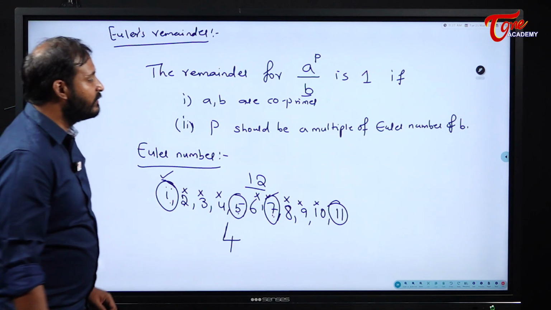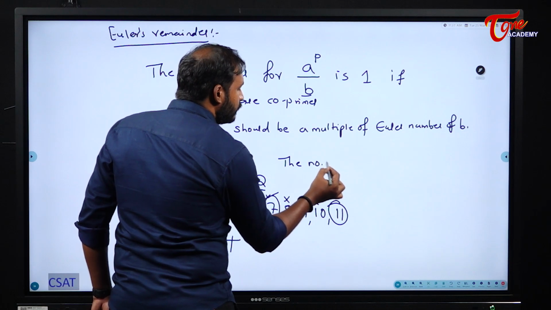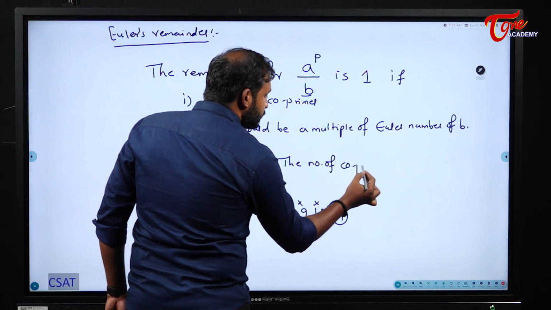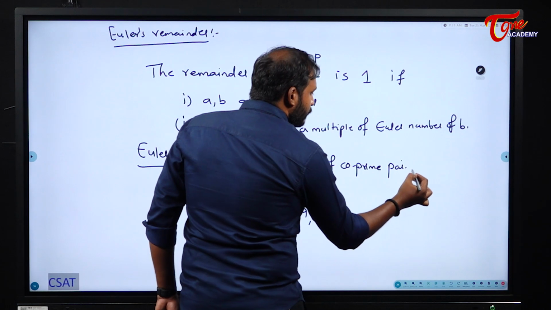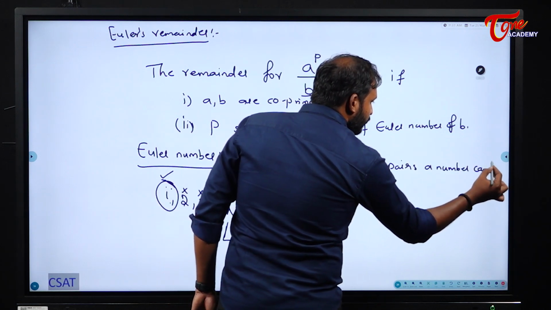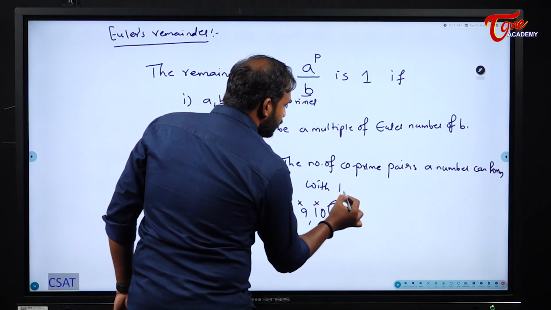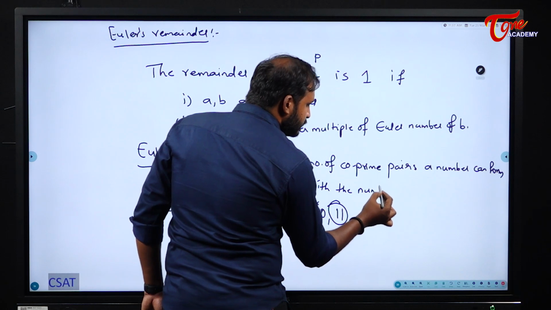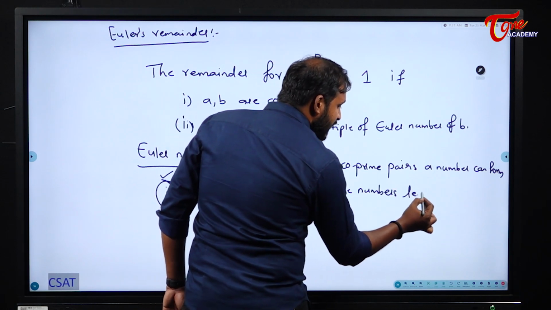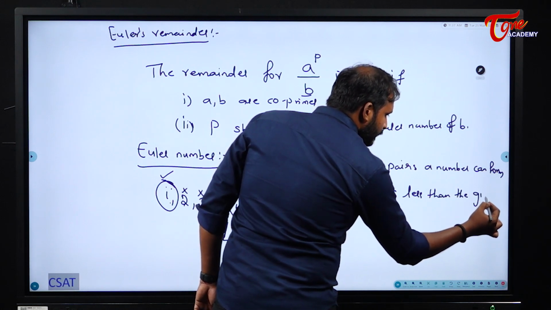That means the Euler number is nothing but the number of co-prime pairs a number can form with the numbers less than the given number.